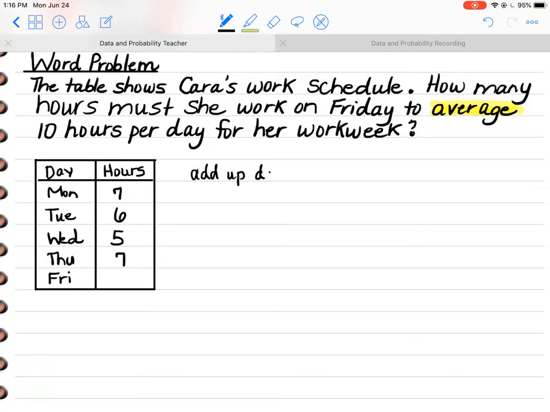We've worked with test scores and percentages, but in this case, we're looking at the hours per day. So let's say it that way. Add up the hours for each day. And then you remember the second step. You divide by the number of days.